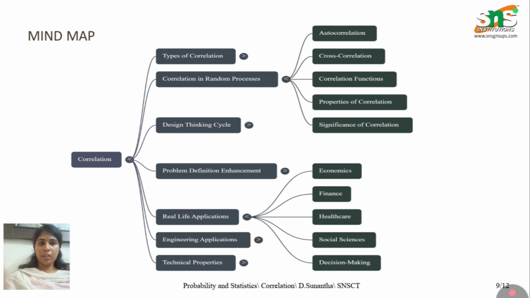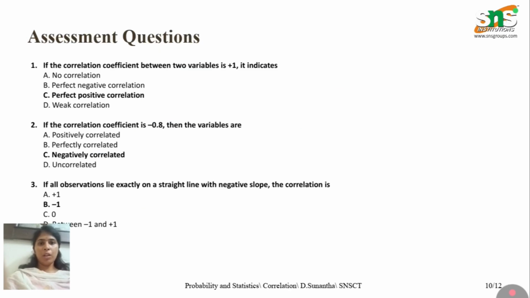Next, we have seen where all we can apply this, like in the fields of economics, finance, healthcare, social sciences, and design decision making. We can use this, and also in engineering applications, for example, in random processes, control systems, and all, we can use this correlation. So here is the small assessment.